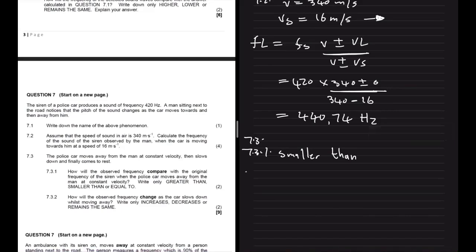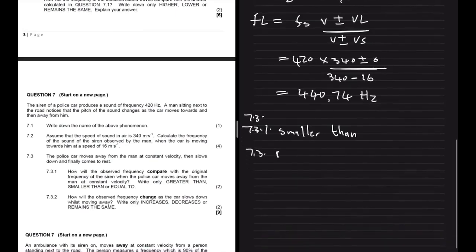There's no need for an explanation. 7.3.2. So let's go back to the formula. We have F of L equals F of S, V plus or minus VL. Everything we say and every calculation we do, we're basing it on this formula and nothing else. They're saying that the car is slowing down, so this VS is getting smaller, right?